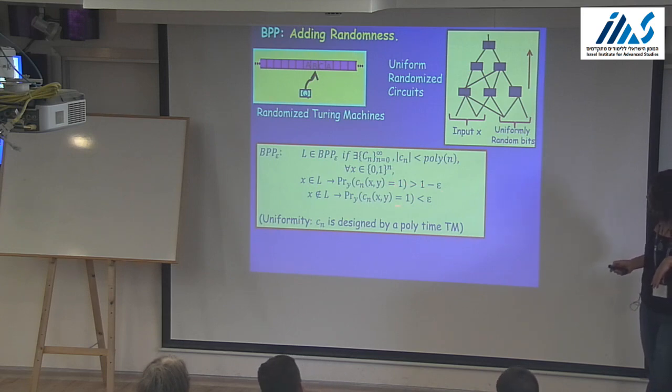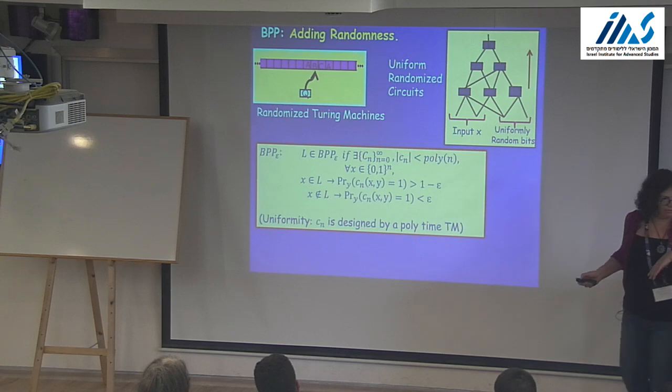And if x is not in the language, then with probability at most epsilon the answer is 1, or with probability at least 1 minus epsilon the answer is 0. And again, we have this uniformity condition, which we'll ignore.